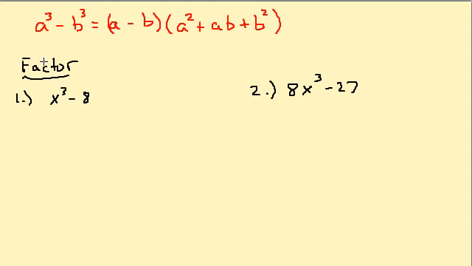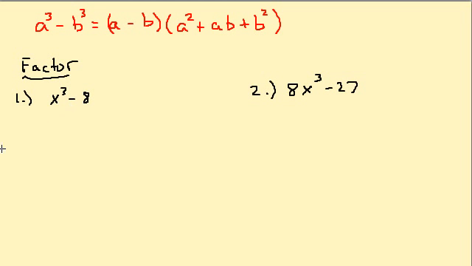Let's just look at the formula, the difference of two cubes, which is a cubed minus b cubed equals a minus b times a squared plus ab plus b squared. So I have two terms, and I notice that they're both perfect cubes, because the cube root of x cubed is x, and the cube root of 8 is 2.